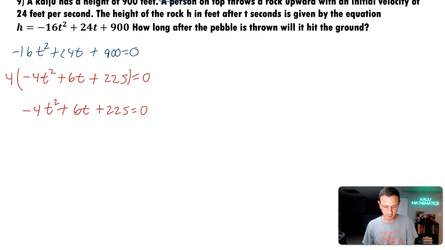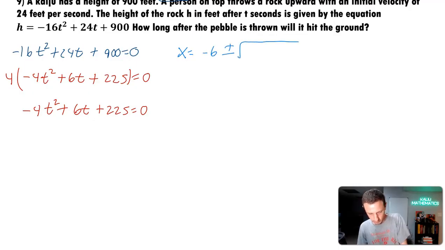Now we could use the quadratic formula. So quadratic formula is negative b plus or minus square root of b squared minus 4 times a times c, 225. This is going to be messy. All over 2 times negative 4.